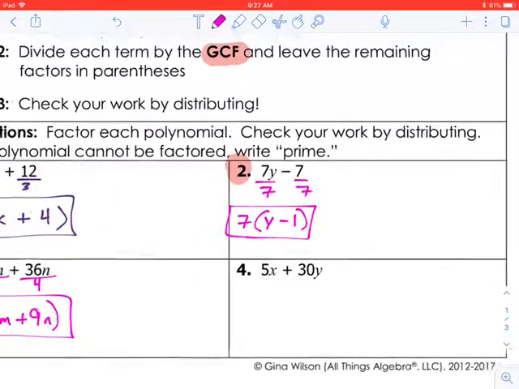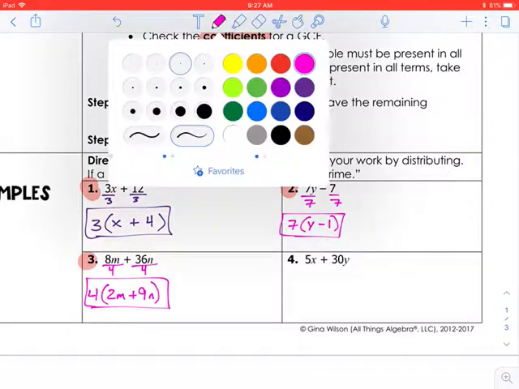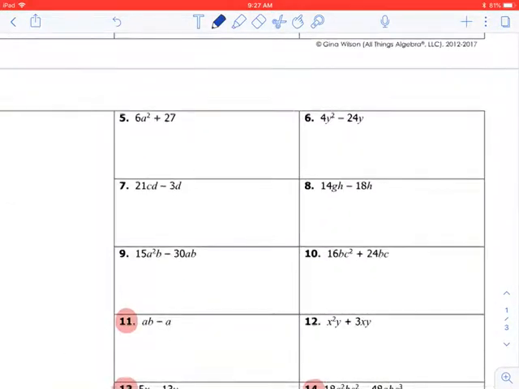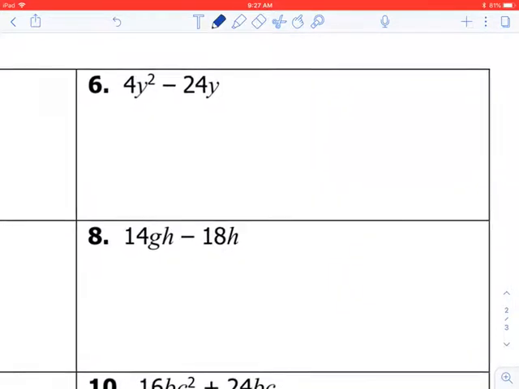There we go. Okay, so let's go to the back side, look at a few of those. And in this case, let's look at number 6 and 8. So in this case, 4 and 24. So start with 4. Does 4 divide 24? Yes. And they both have at least one y.